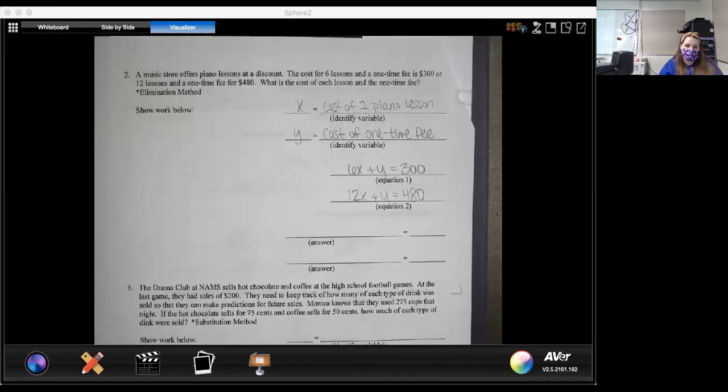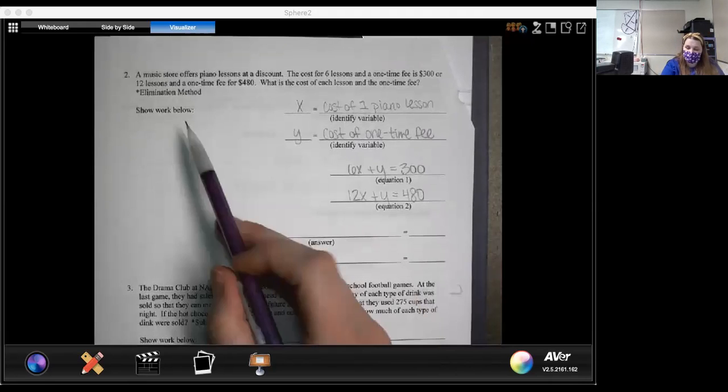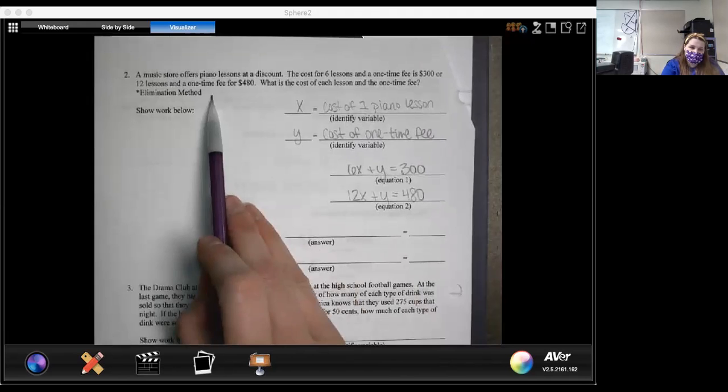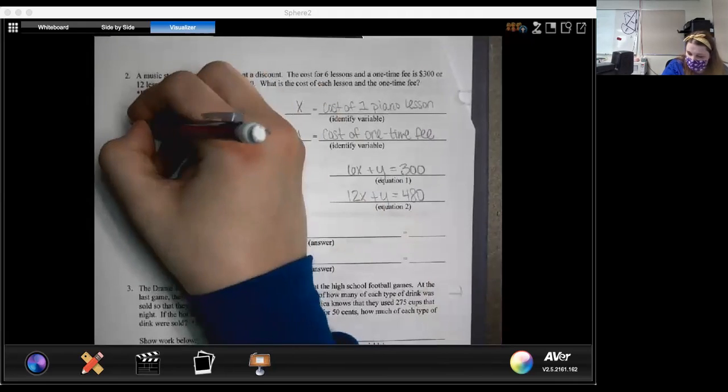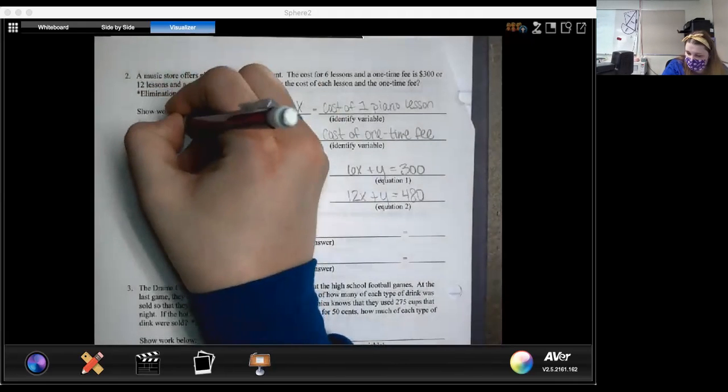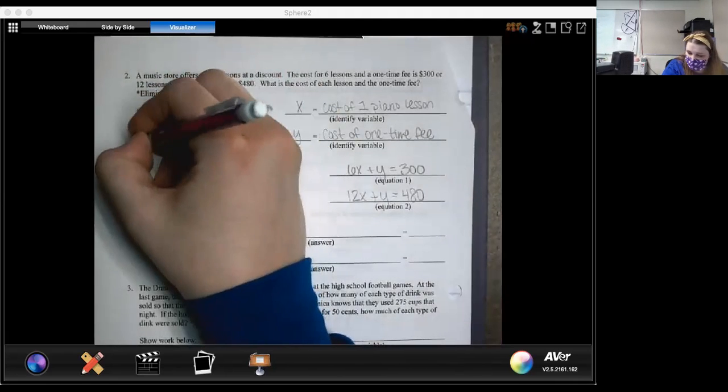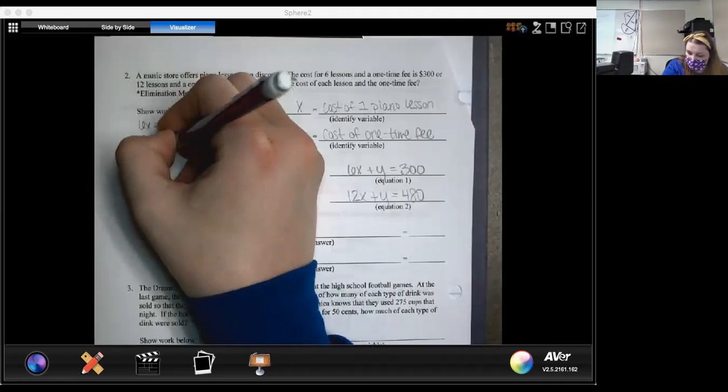So now we're going to go through the process and solve. And again, in this case, we're solving with the elimination method. If it gives you a method to use, you need to use that method for your points to count. So I'm going to write down my information over here, and let's figure out what we're going to do to manipulate to solve.